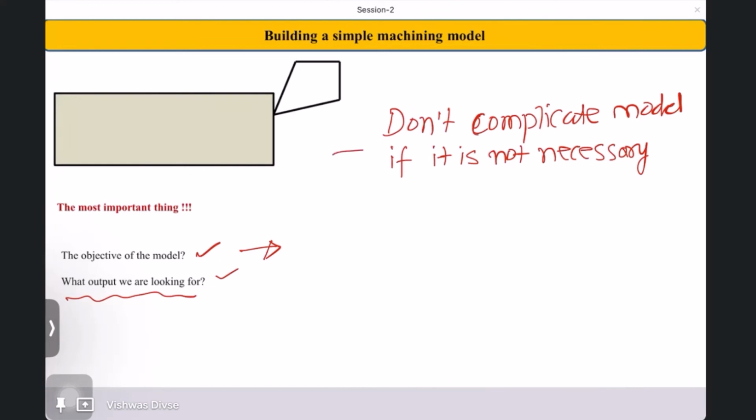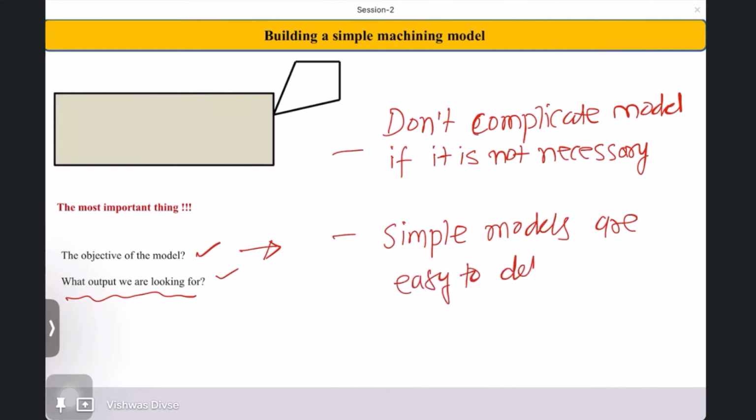What is the advantage of avoiding this unnecessary complication that I mentioned? If your model is simple, then it is easy to debug. Simple models are easy to debug, and they are easy to extend also.